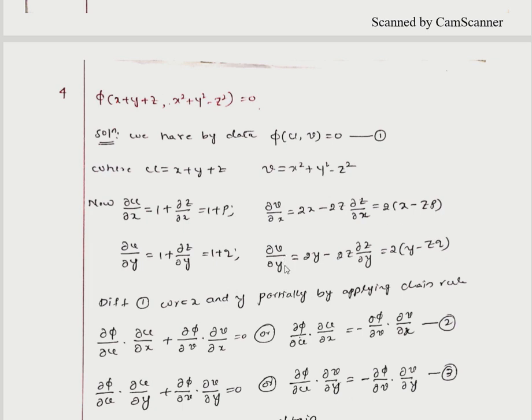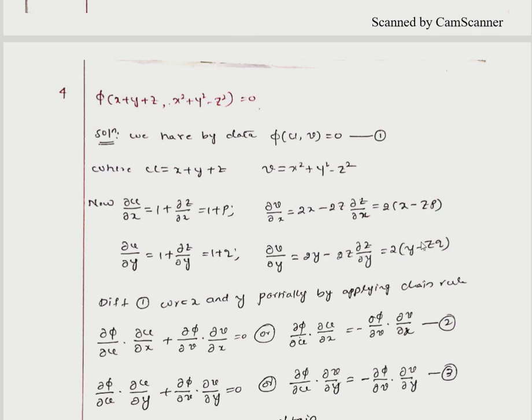Next, ∂v/∂y, differentiation of v partially with respect to y. With respect to y, x² is constant, 0, y² gives 2y, minus the differentiation of z² with respect to y partially, 2z times ∂z/∂y. In these two terms, 2 is common, take it outside, the remaining term is (y − z q).